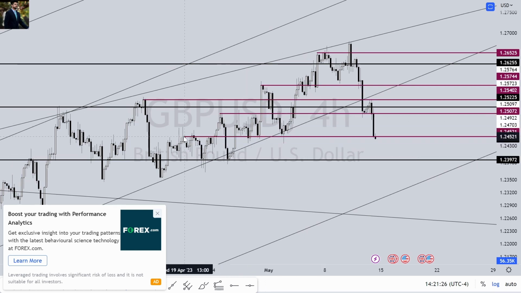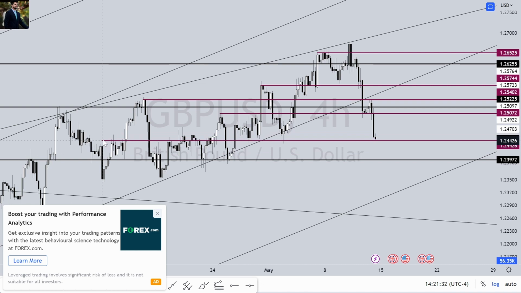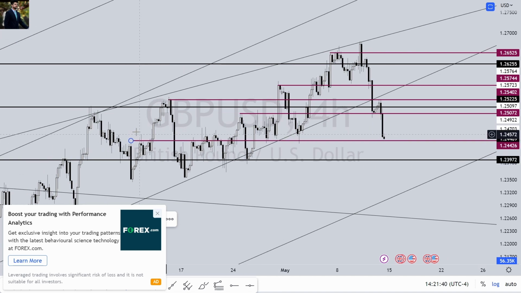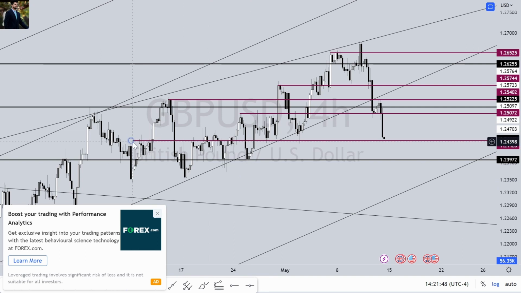One zone is this one. I think this is an important zone, where the price stopped. This is an important zone.